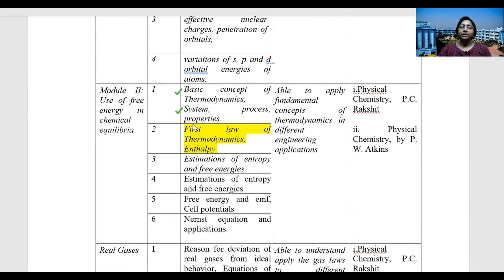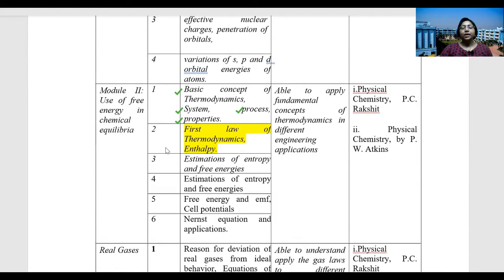Also, you have learned the macroscopic properties, the intensive property and the extensive property. And in processes, you have learned the reversible process, adiabatic process, isothermal process, isobaric process, and isochoric process. Why am I telling this? Because all this knowledge is required to understand the next lectures.